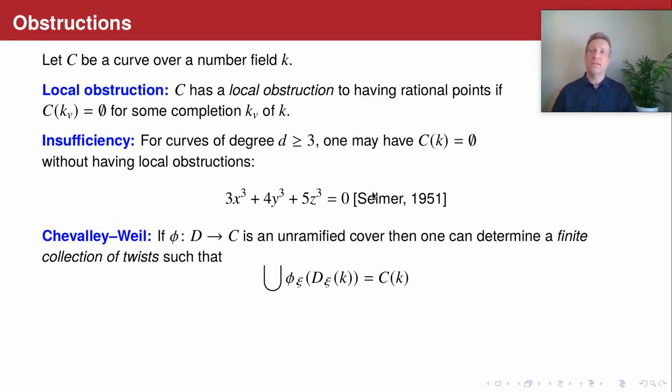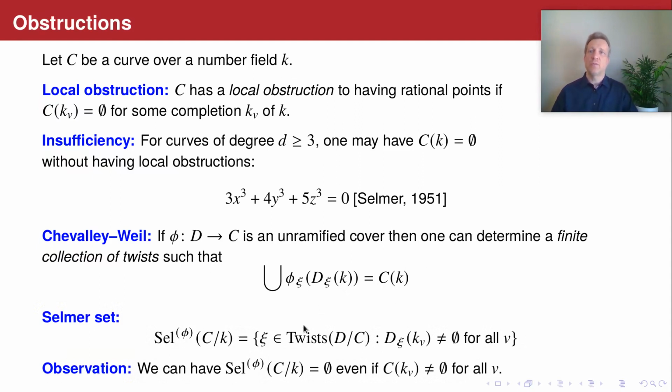In those cases, the theorem of Chevalley-Weil might help a little bit. A slight translation of that theorem gives us that if we have an unramified cover of our curve C, then one can determine a finite collection of twists of this cover. That is a collection of covers that are in some way rather similar to our original cover, such that the rational points on C are covered by the images of the rational points on the covers.